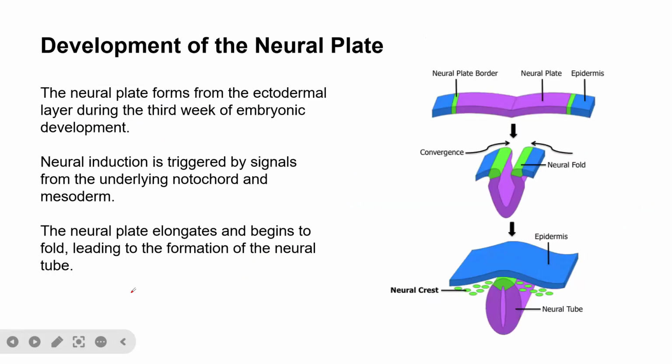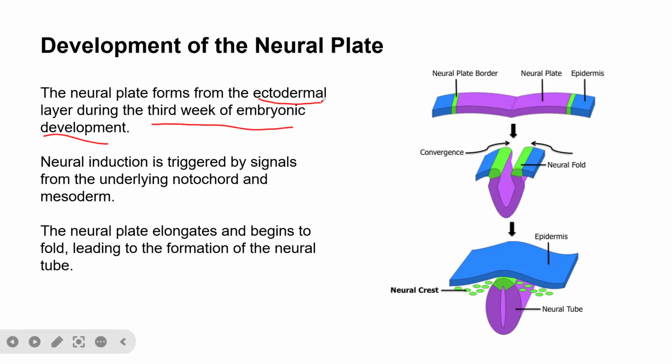Now, let's look at the development of the neural plate. The neural plate forms from the ectoderm layer during the third week of embryonic development. Neural induction is triggered by signals from the underlying notochord and mesoderm.